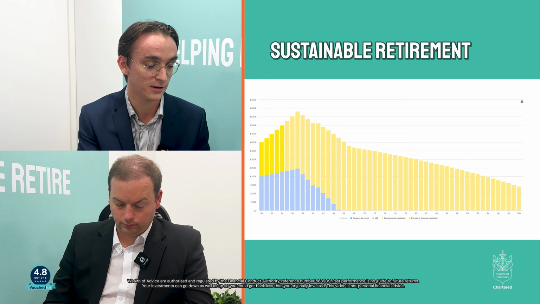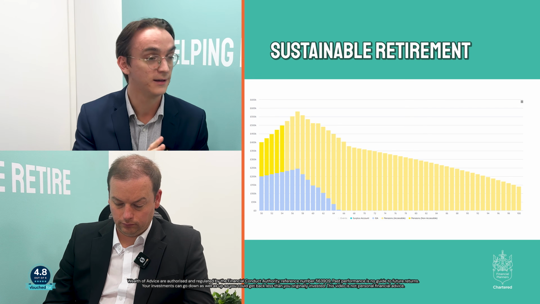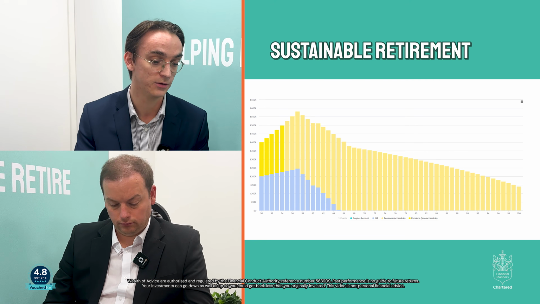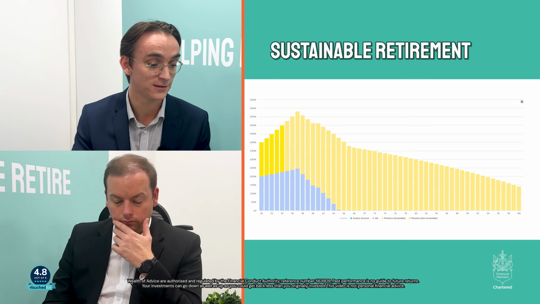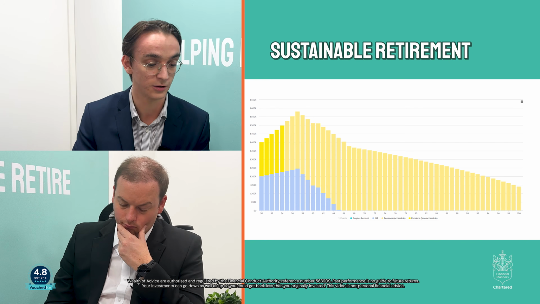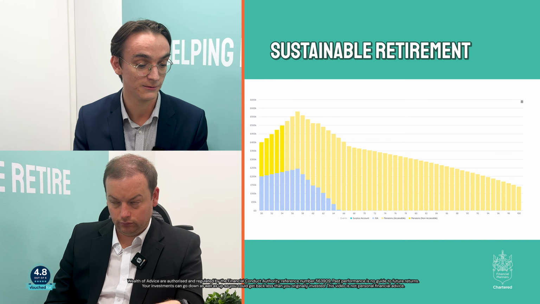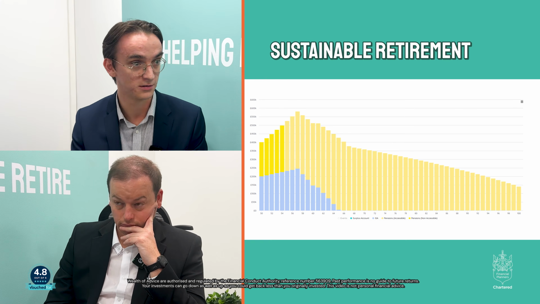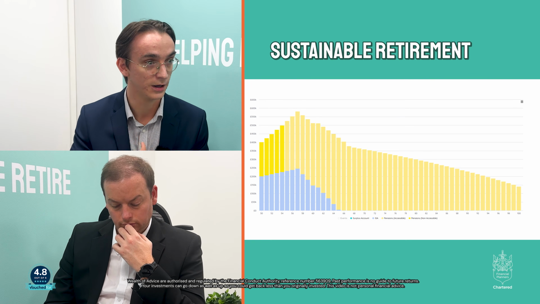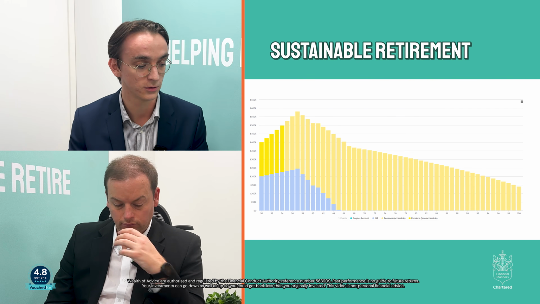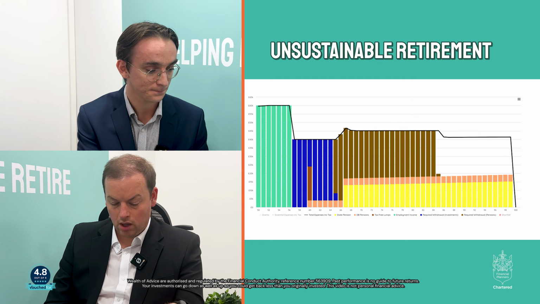And then this is where we'd start looking at a client, go, yeah, it's sustainable on the growth rate that we've used now, but what would happen if we were to make it a little bit less, not quite as good of a growth rate? Would it still last? If so, that's when you can start having conversations on, do you want to spend more? Do you want to start looking at gifting away and helping people like your children to purchase a house or something like that? Yeah, definitely.